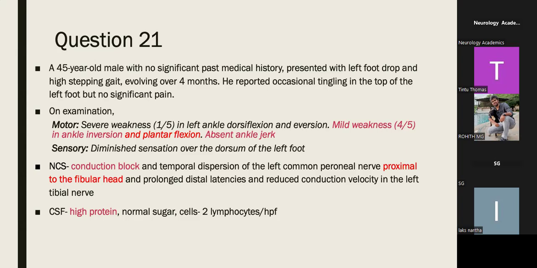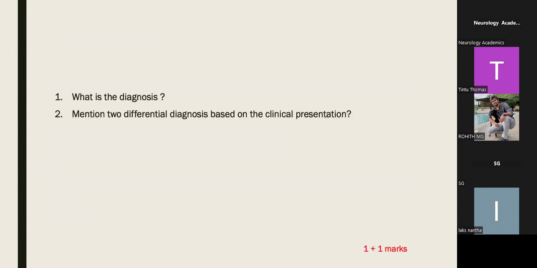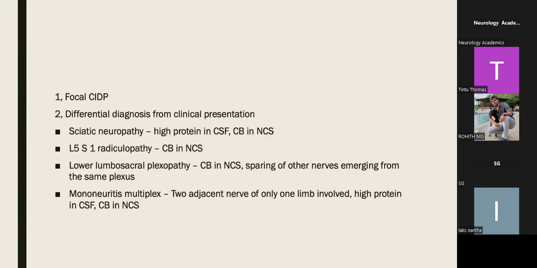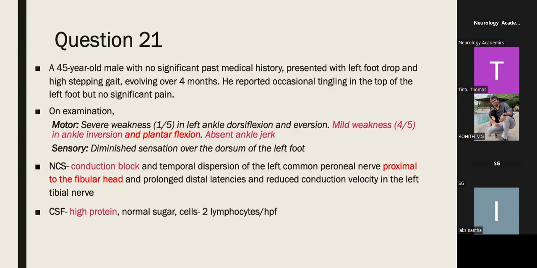And CSF in this case shows high protein, normal sugar, and normal cells. So the diagnosis is focal CIDP, which is supported by the conduction block, which is at a site different from the usual site, along with the high protein in CSF and involvement of other nerves in the distribution, like tibial nerve also.